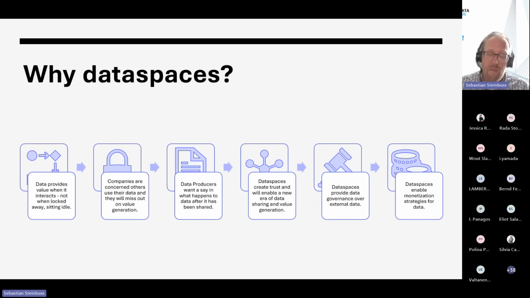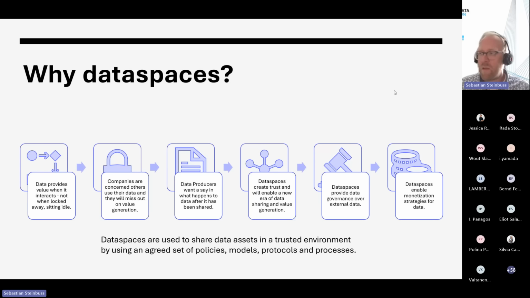We are not there yet, but this is at least the future that we are working towards. So this is in the end what we are talking about in data spaces. They are used to share data assets in a trusted environment by using an agreed set of policies, models, protocols, and processes. So this is the idea of how we structure it at the moment in this standardization work.